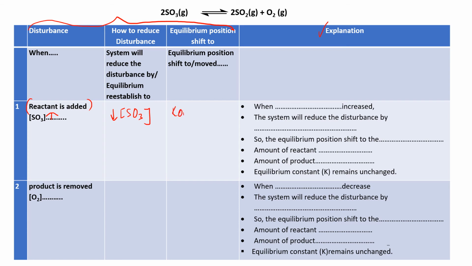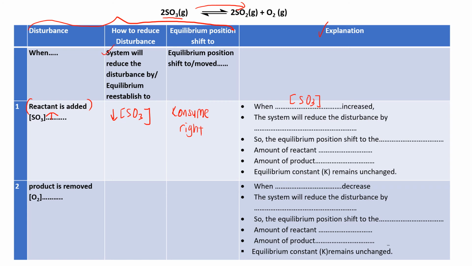So how do you decrease the concentration of SO3? You must consume it, or you must let the SO3 react. Okay, so how to solve the problem? According to the equation, to reduce the concentration of SO3, you must shift to the right side. Because when it shifts to the right side, SO3 will produce more SO2 and O2. So at the end, the concentration of SO3 will decrease. So how do you do the explanation? You can start with the first sentence: when the concentration of SO3 increases, the system will reduce the disturbance.